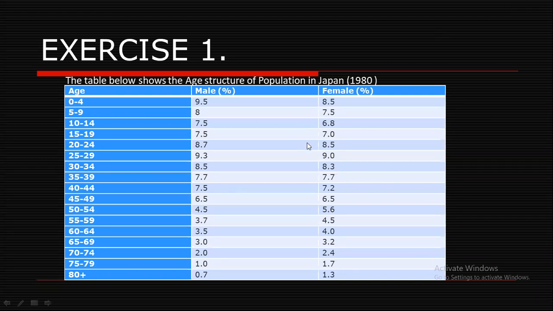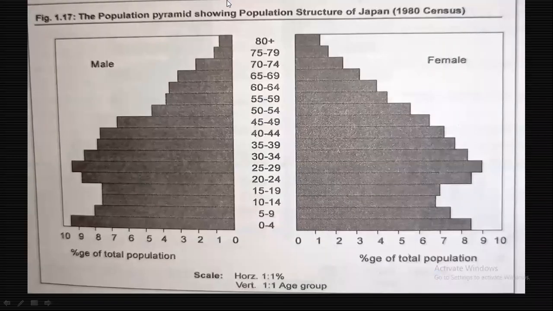I was asking, does order matter when identifying the scale? Like, the scale should appear on top or bottom? Like this scale of horizontal 1 to 1% and the vertical 1 to 1 age group.